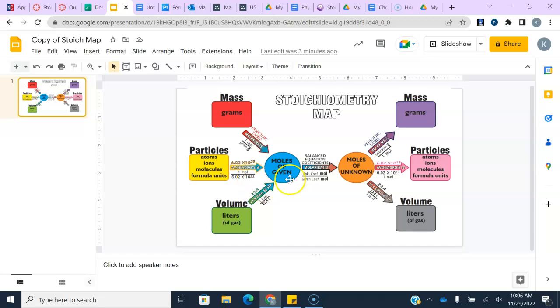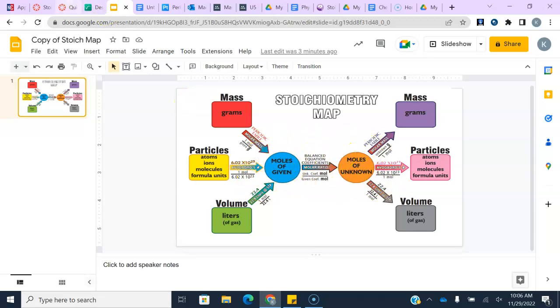So I know I have 1 mole of ammonia, which is NH3. Remember, we always want to keep our units to make it easy. Okay, so we have 1 mole of ammonia, which is NH3, and I have to go from my moles of my given to my moles of my unknown.